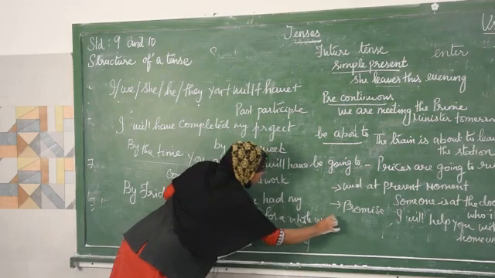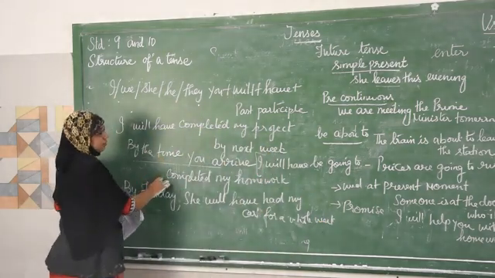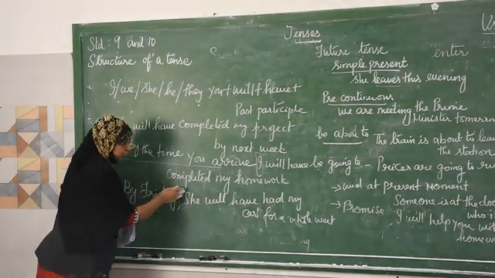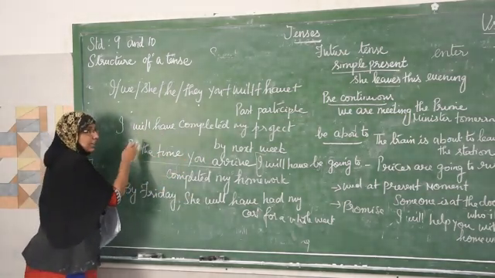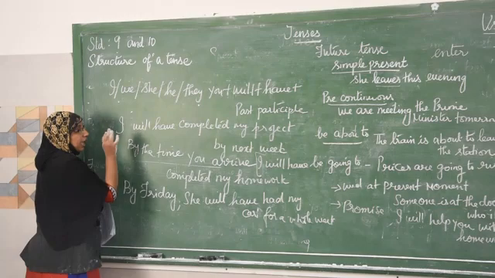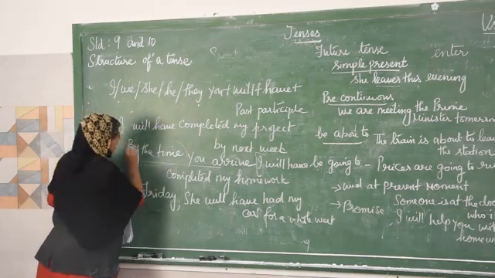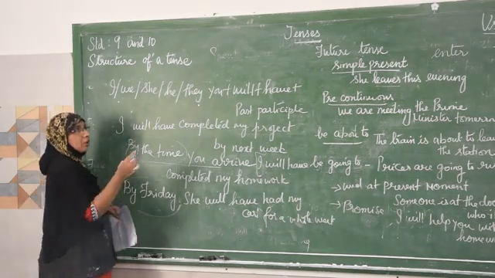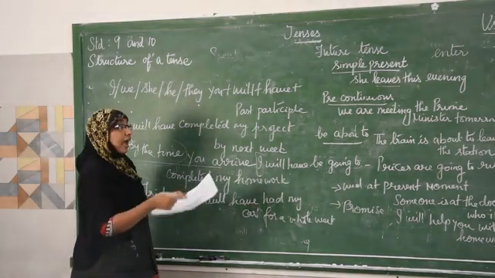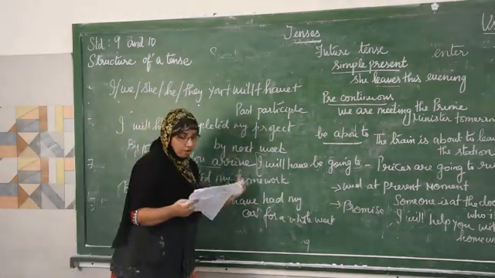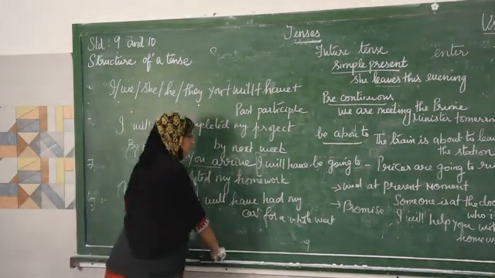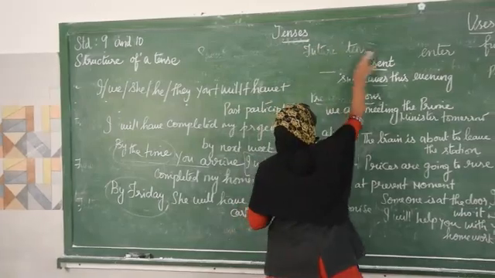Now what did I tell you here? This future perfect tense refers to an action which will have been completed in the future before another action takes place at a certain time. And always, if you see, you can see by the time, by Friday, always it will be there. Now this will be used in question form as well as in negative form also.